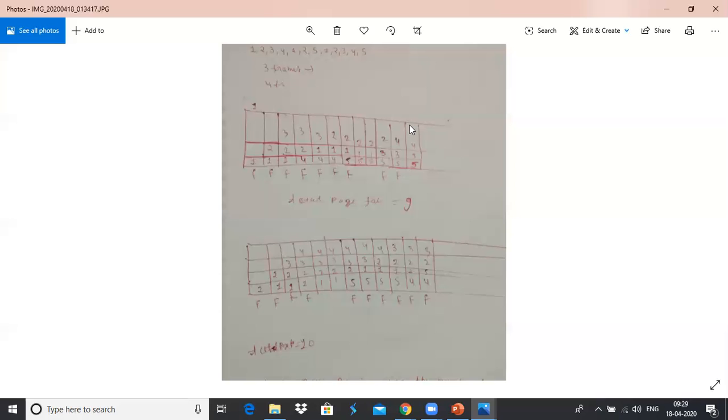Page number 5 is already existing, so no page fault occurs in the system.